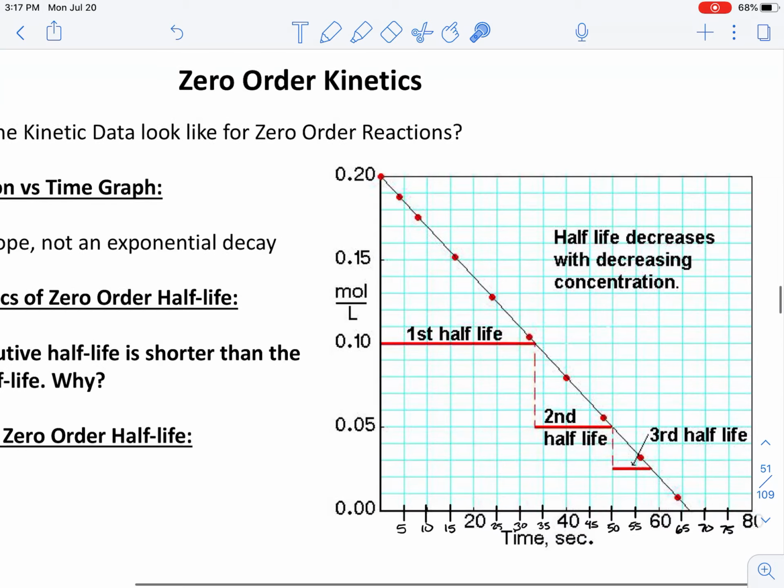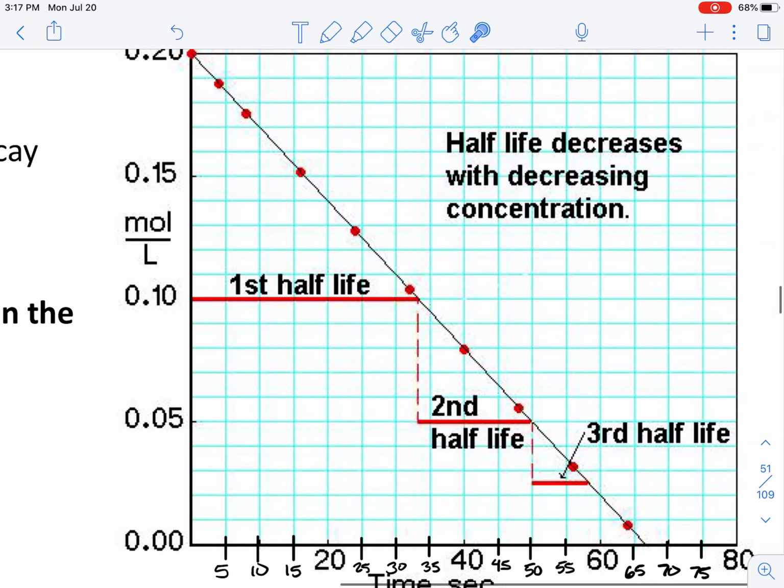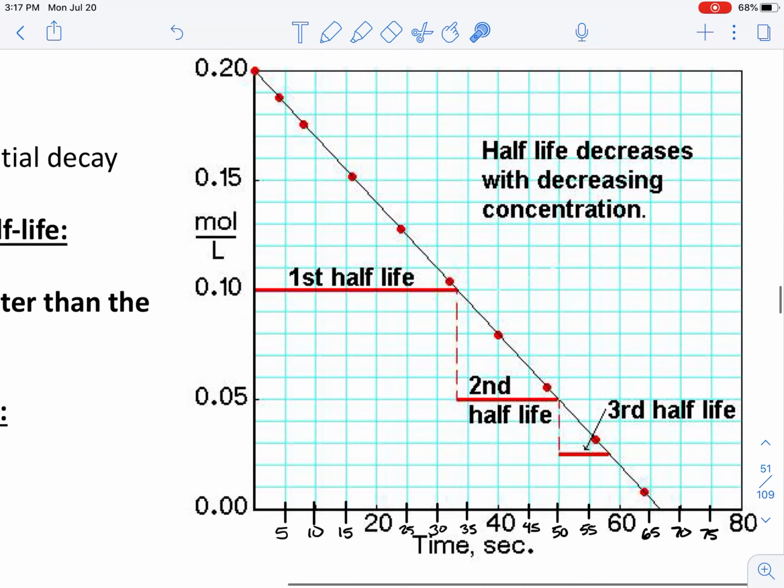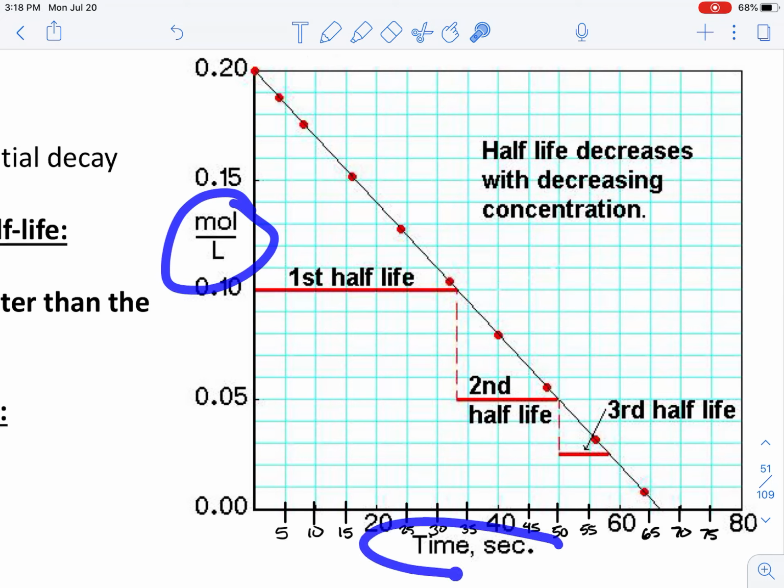This is basically what your concentration against time graph looks like for zero order kinetics. You guys can compare and contrast first, zero, and second order with respect to the concentration versus time graph.